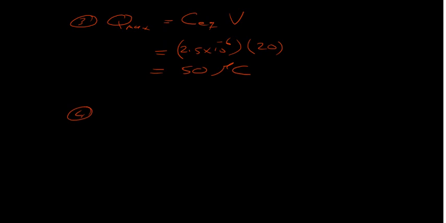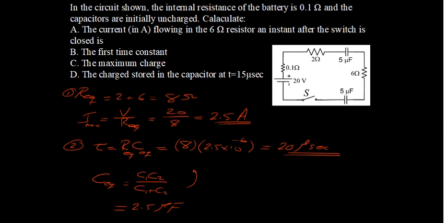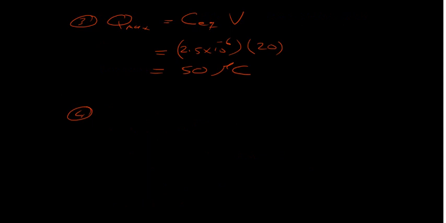For the last part, which is asking me to calculate the charge stored in the capacitor at 15 microseconds. Here we go, we have Q as a function of time at 15 microseconds equal to the maximum charge times 1 minus e raised to the power minus t over RC.